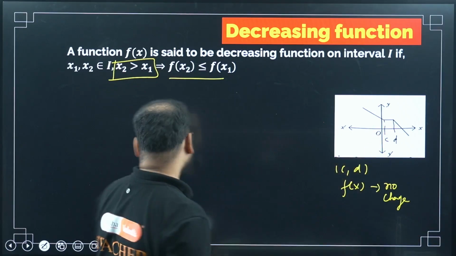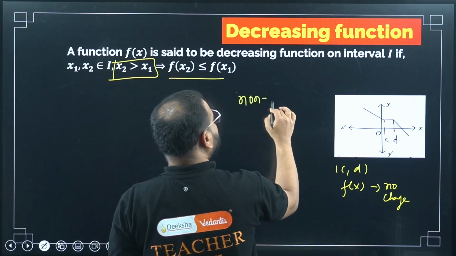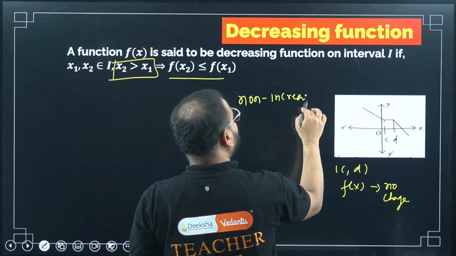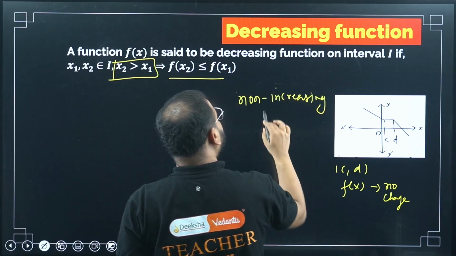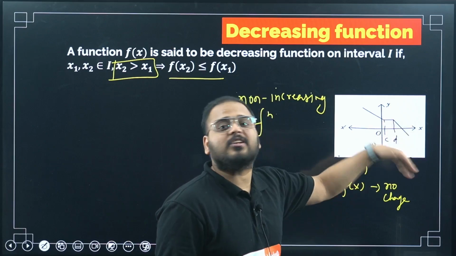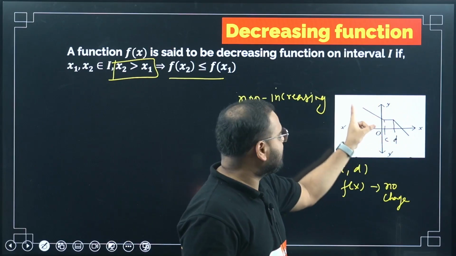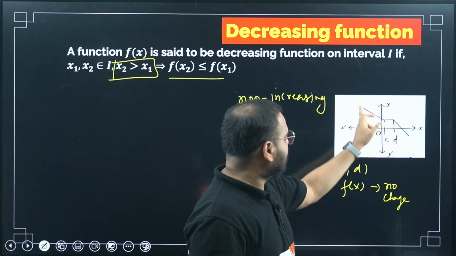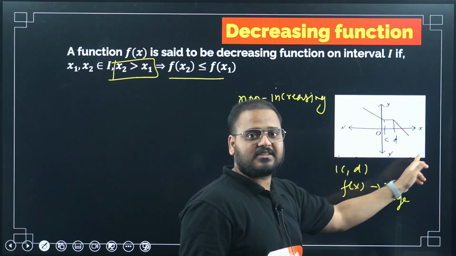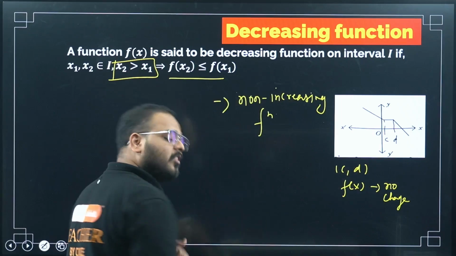So I can call this function non-increasing also. Please understand this. Even though it has stopped decreasing, it is not increasing. So it is decreasing, then constant, then decreasing again. But is it increasing anywhere? No, sir. That's why I can call this function non-increasing also.